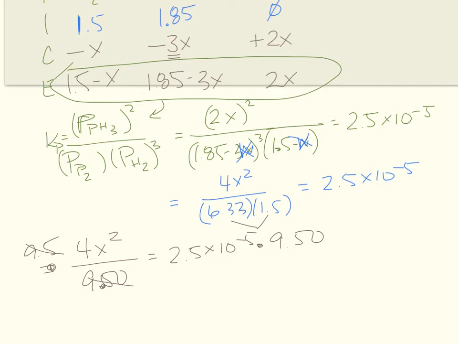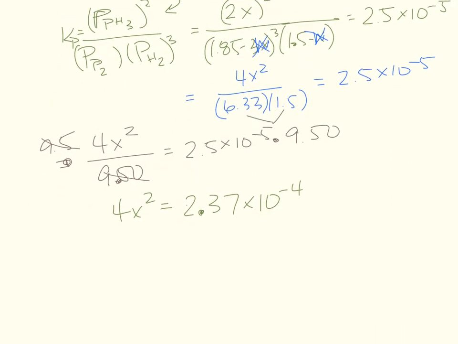And then I will have 4x squared is equal to 2.37 times 10 to the negative fourth.